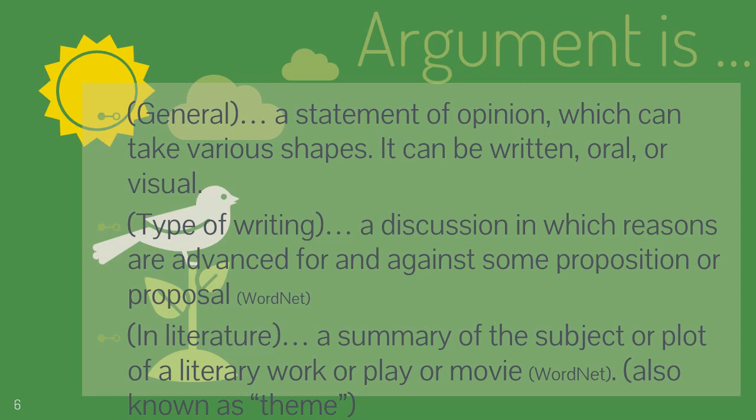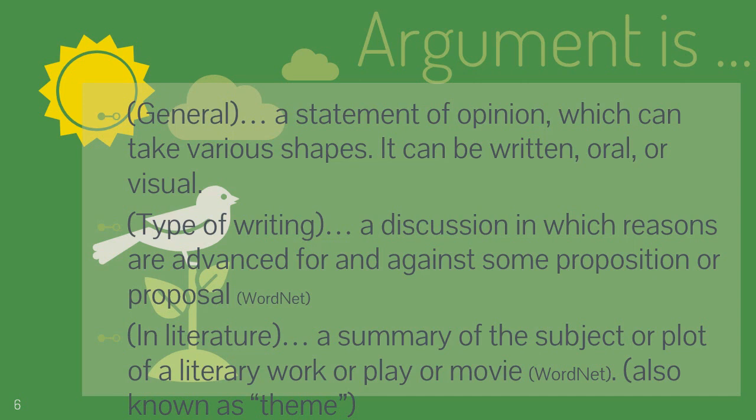And the second meaning is, it is a type of writing. We call it also the argumentative essay or argumentative writing. So the second meaning of argument is quite specific and technical. And the third one is the summary of a plot or a story and what the story wants to tell you, or the message from a story.